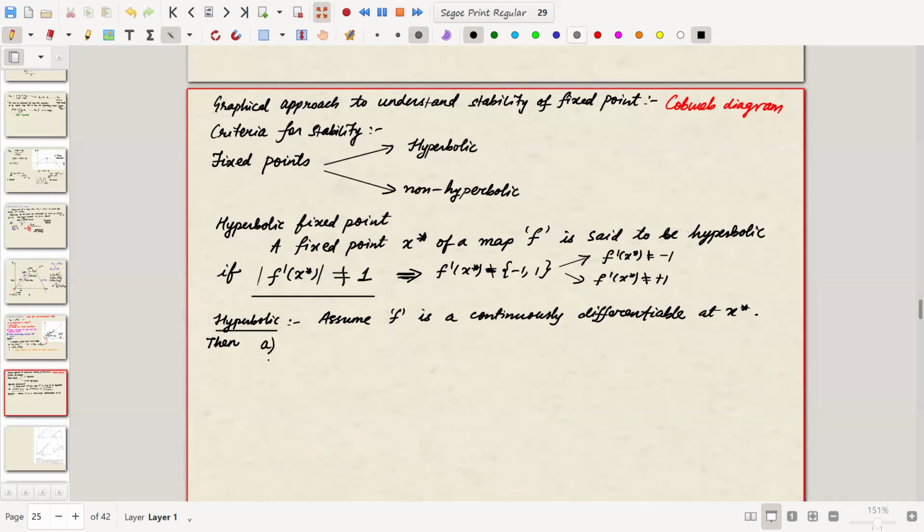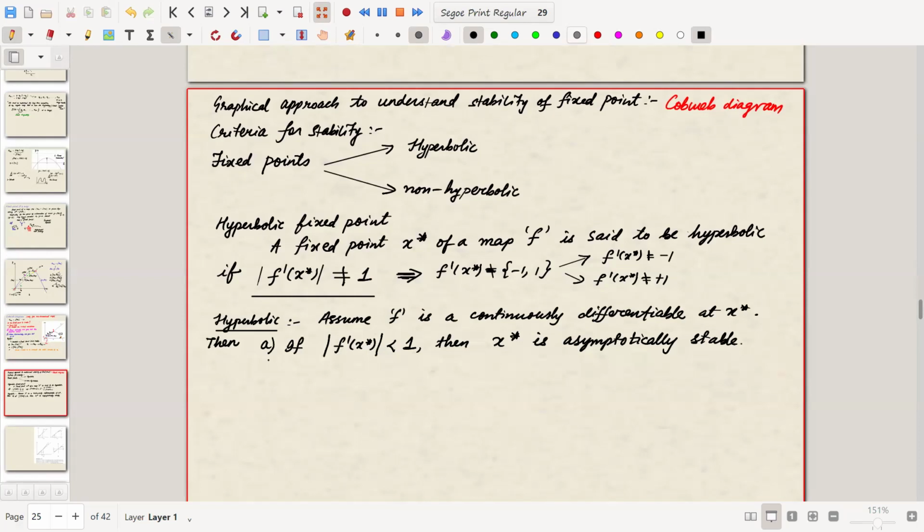Conditions are there. First condition: if the absolute value of the derivative evaluated at the fixed point is less than 1, if the absolute value of f prime of x star is less than 1, then x star is asymptotically stable. For now, you can just understand that x star is stable.